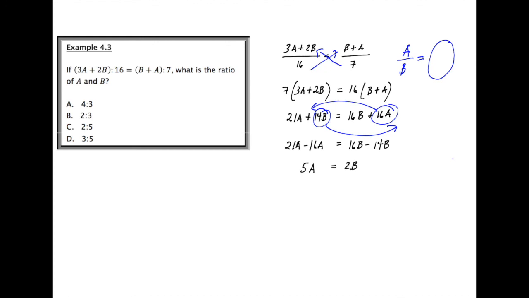Since our target is a over b, we need to divide both sides by 5. So a equals 2b over 5. And then we could divide both sides by b. Therefore we have a over b equals 2 over 5. So the ratio now is simply 2:5. So the answer here is letter C.